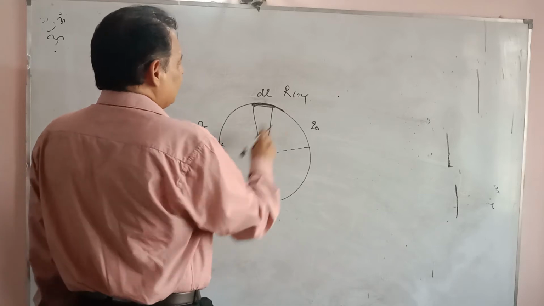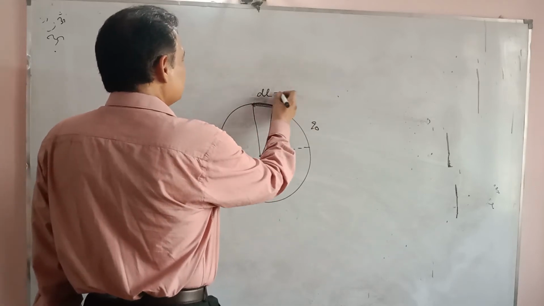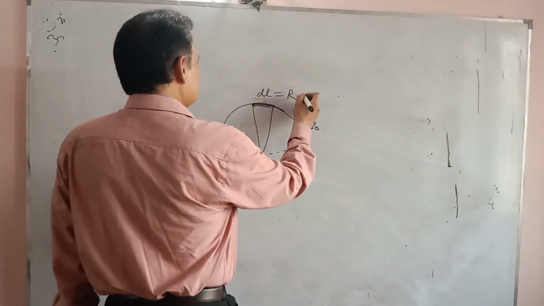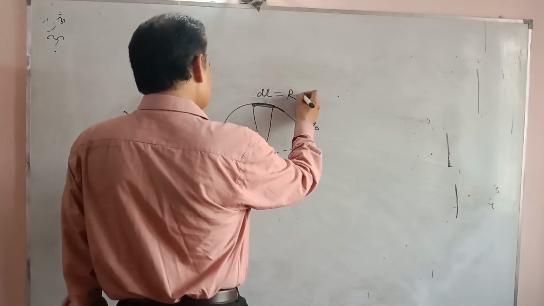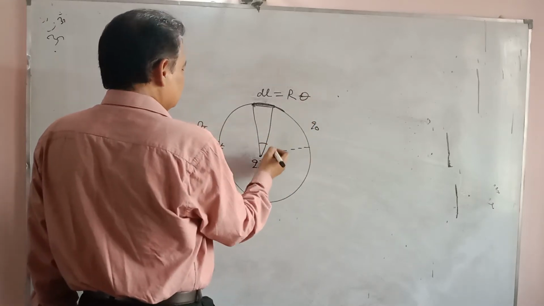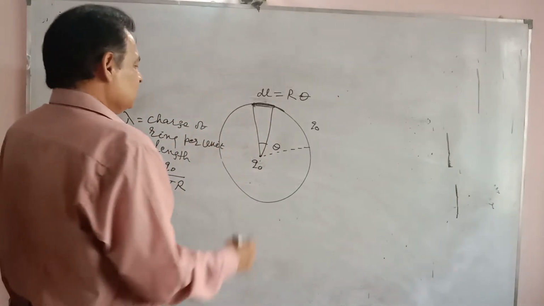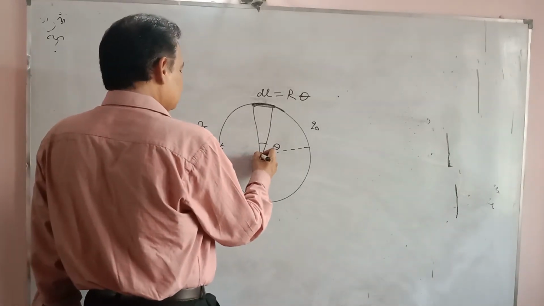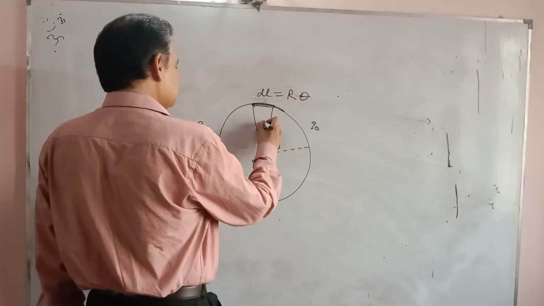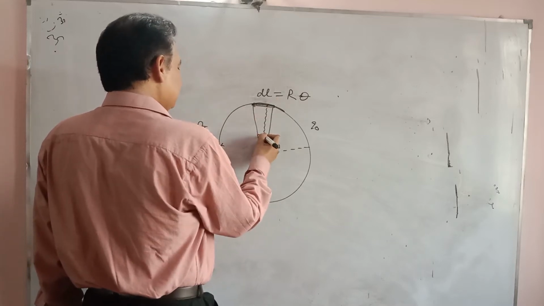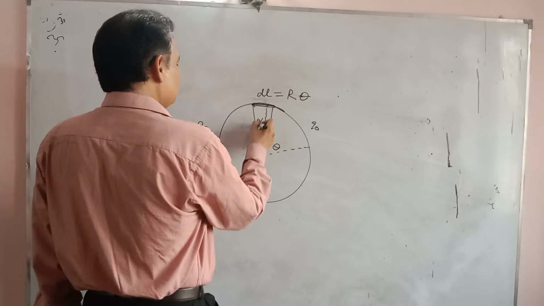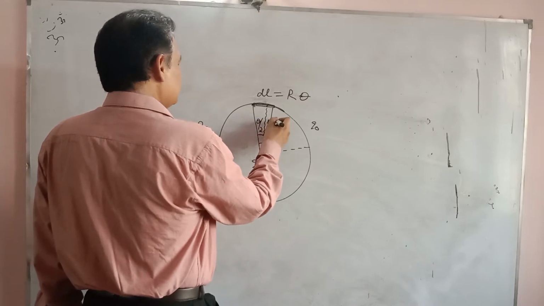We can write this dl as r theta. This theta is also very small. This whole angle is theta. This is a vertical line. This is the angle bisector, and this angle will be theta by 2. This will also be theta by 2.